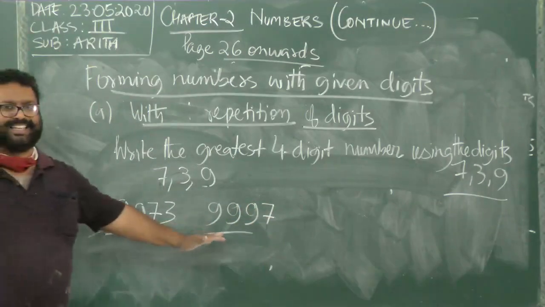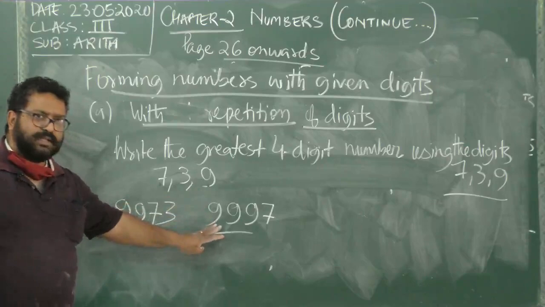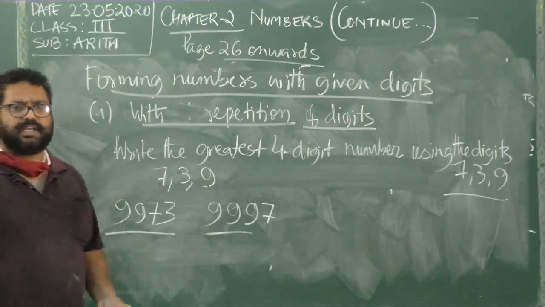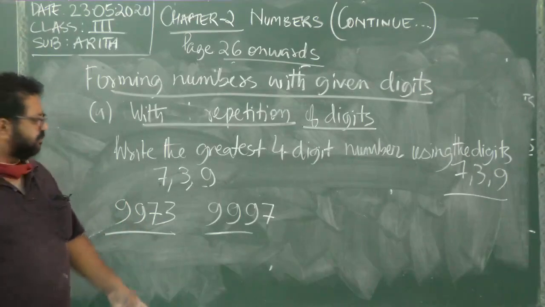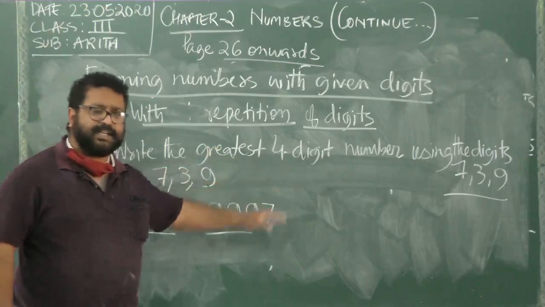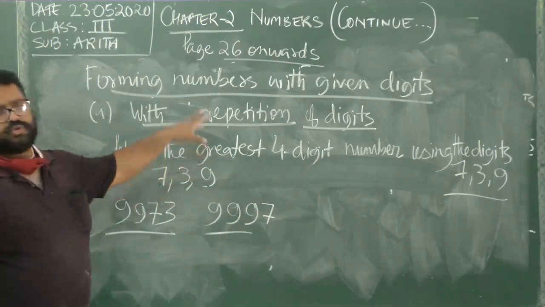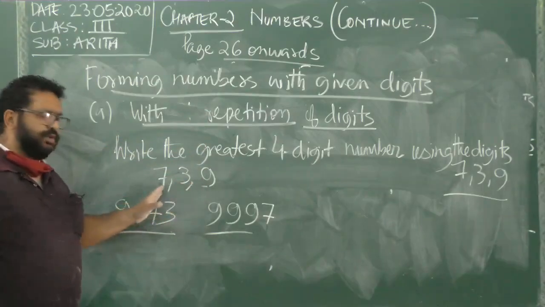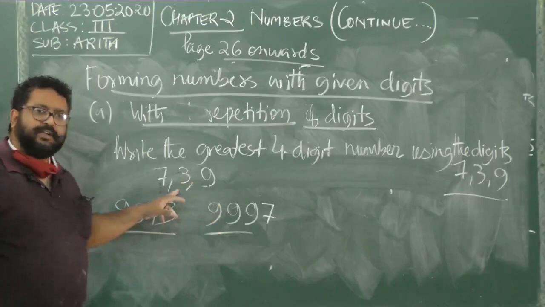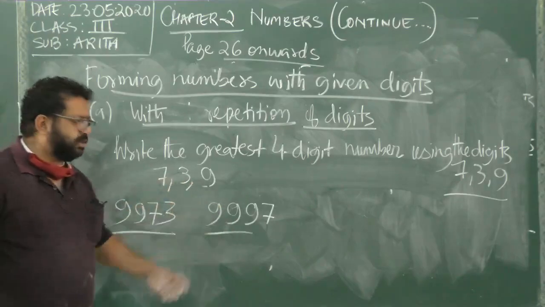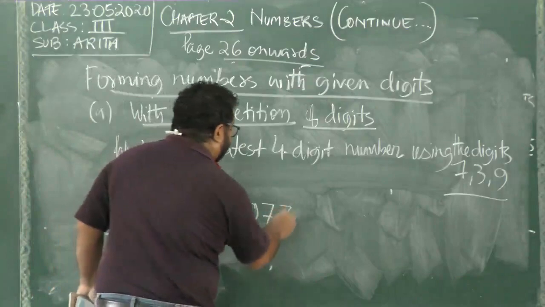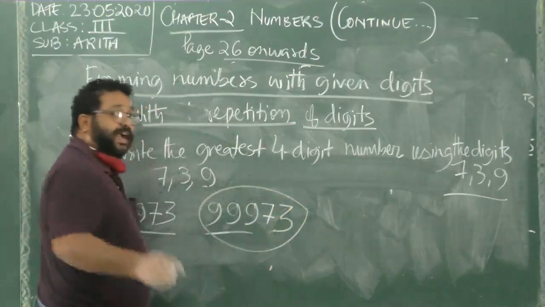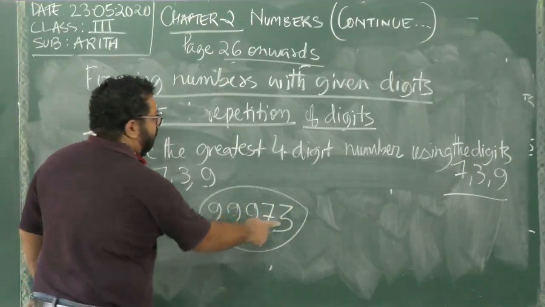But what we see is that fine, we can repeat it because it's given, there's no limitation. But then what do we see? Since we have to make a 4-digit number and also use all these numbers, you will notice here we have used 9, good, we have used 7, good, but did we use 3? No. We cannot use 3 again, if you use 3, this becomes a 5-digit number. 1, 2, 3, 4, 5.